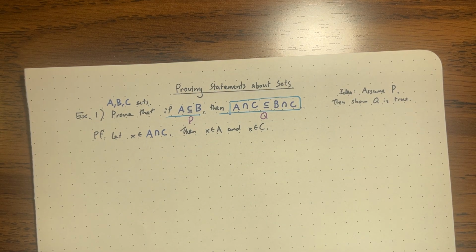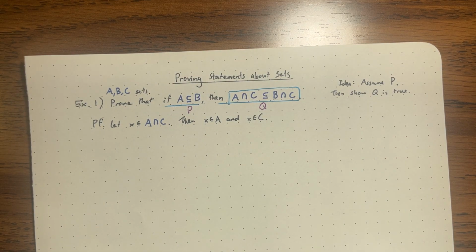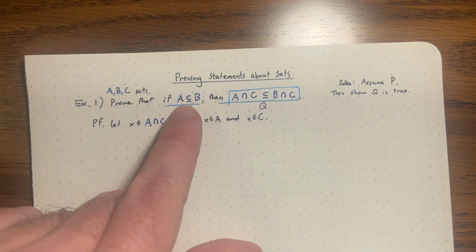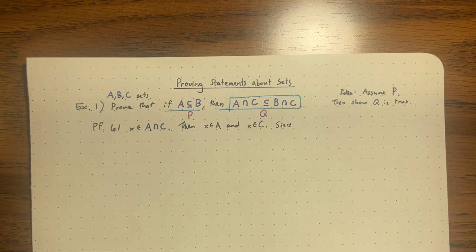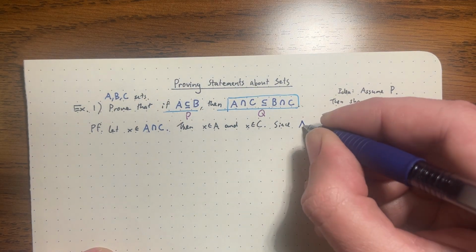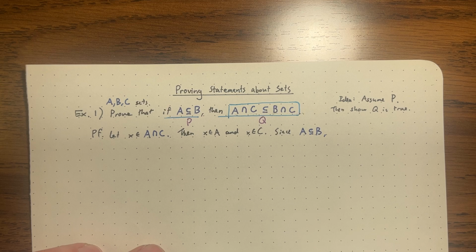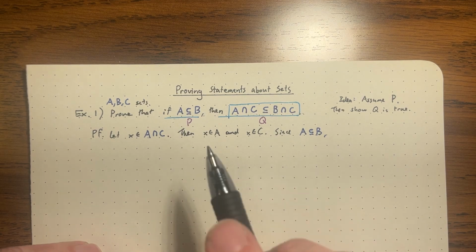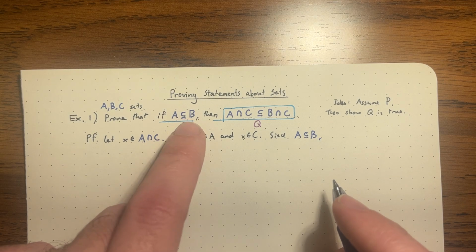Okay. Well, we want to show this is in this intersection. But now we can use this assumption. Since the set A is contained in the set B, we know that X is in B, because X being in A implies X is in B. That's what it means to be a subset.